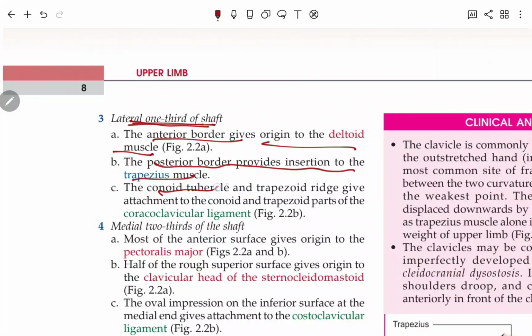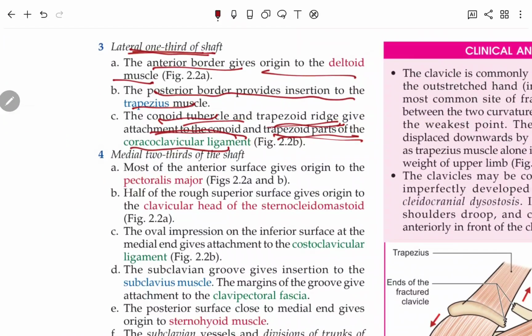The conoid tubercle and trapezoid ridge give attachment to the conoid and trapezoid parts of the coracoclavicular ligament. What part? The names of the ridge and tubercles. We need to connect all the theory. The medial two thirds of the shaft, most of the anterior surface, gives origin to the pectoralis major muscle.